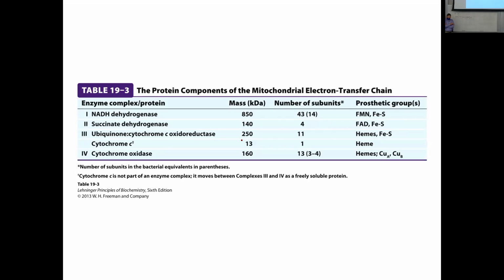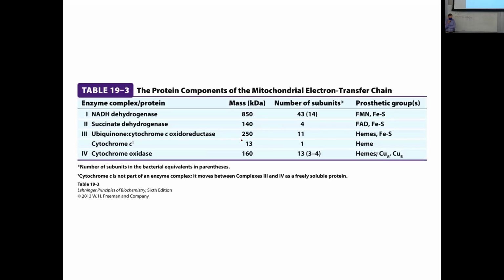Complex 3 has 11 proteins. It has 1 iron sulfur cluster, but it has a series of heme groups. One of these hemes is a C heme, 2 of them are B hemes.